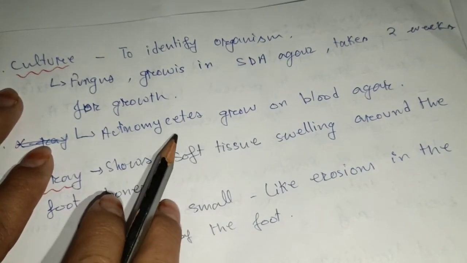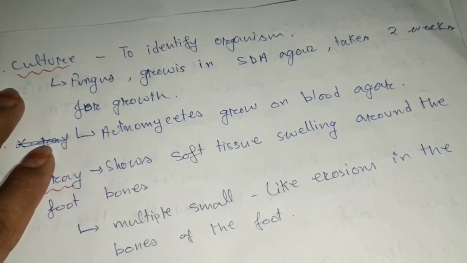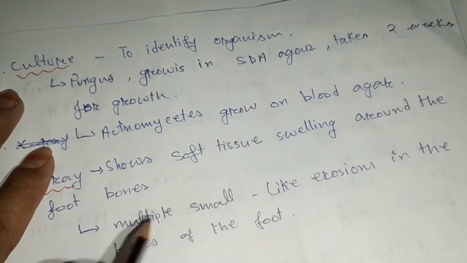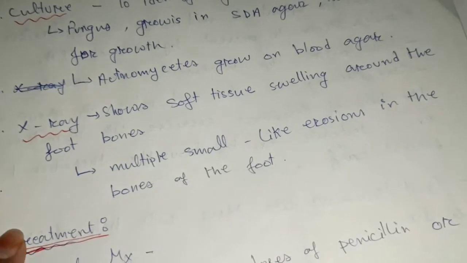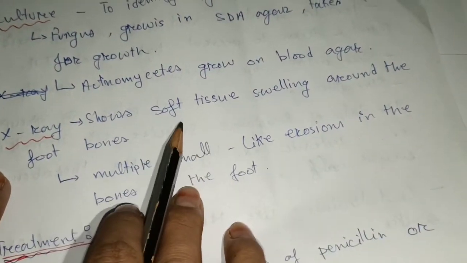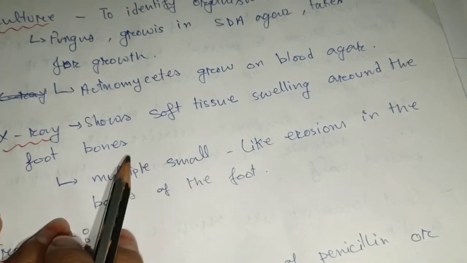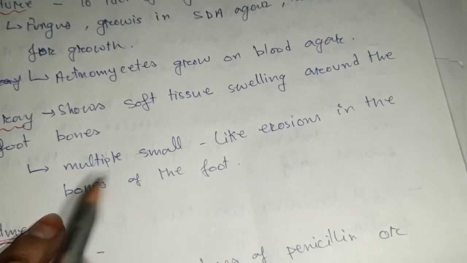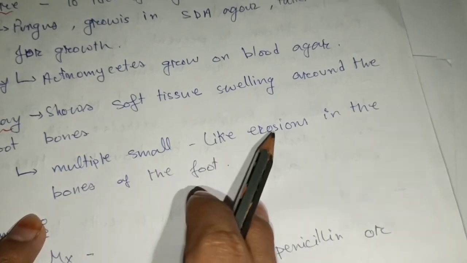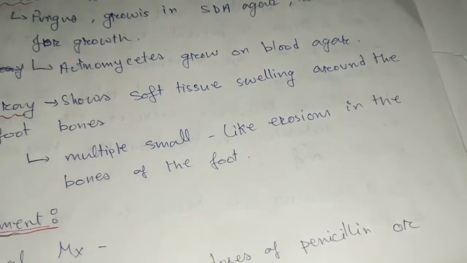And for actinomycetes, an infection by bacteria, it grows on blood agar. And on X-ray examination, we see soft tissue swelling around the foot bones, and also multiple small erosions in the bones of the foot.